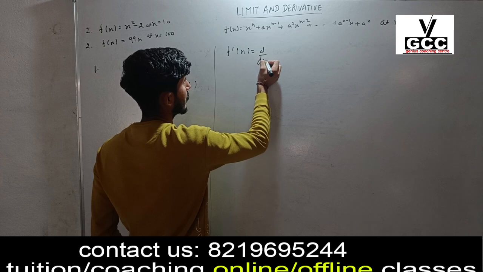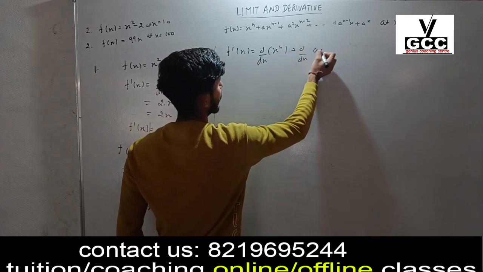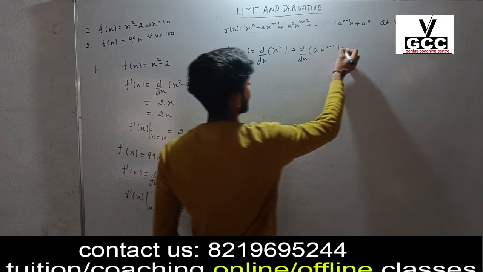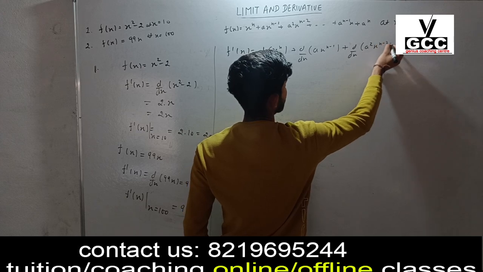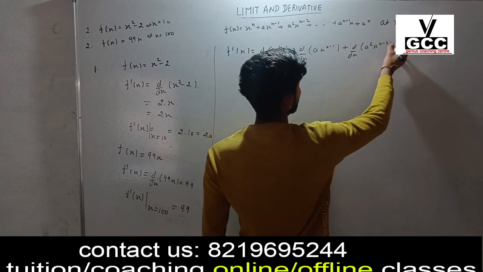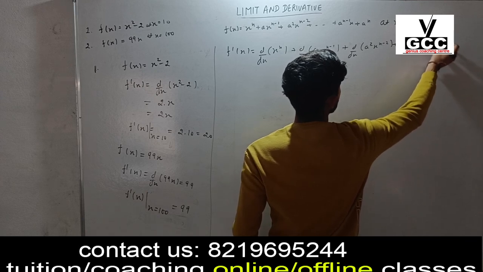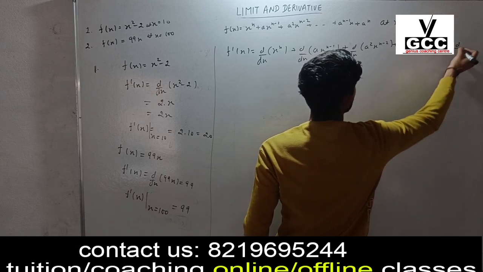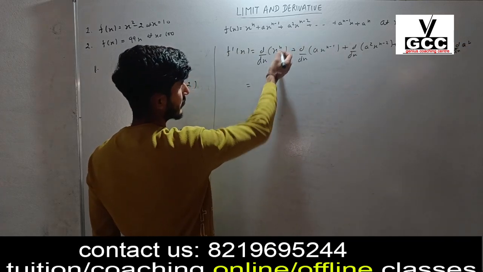Now f dash x is equal to derivative of given function x^n plus derivative of a x^(n minus 1) plus derivative of a square x^(n minus 2) up to so on, derivative of a^(n minus 1) into x plus derivative of a^n.